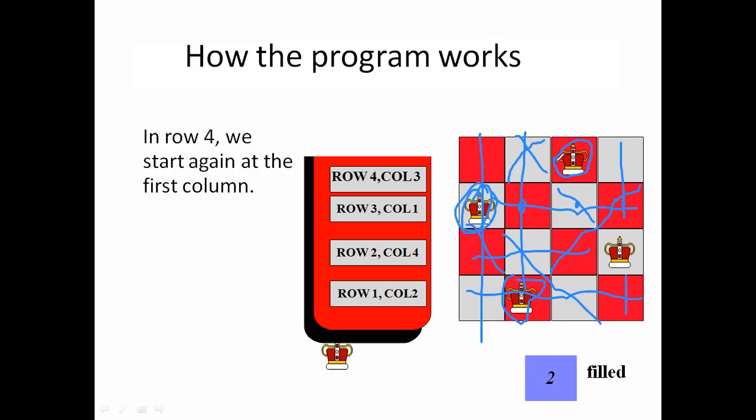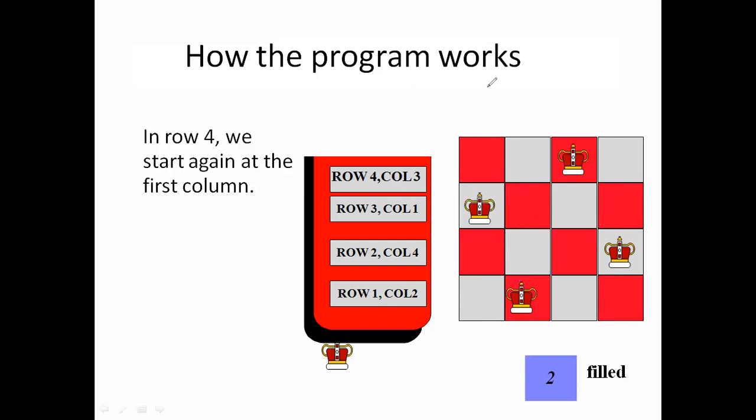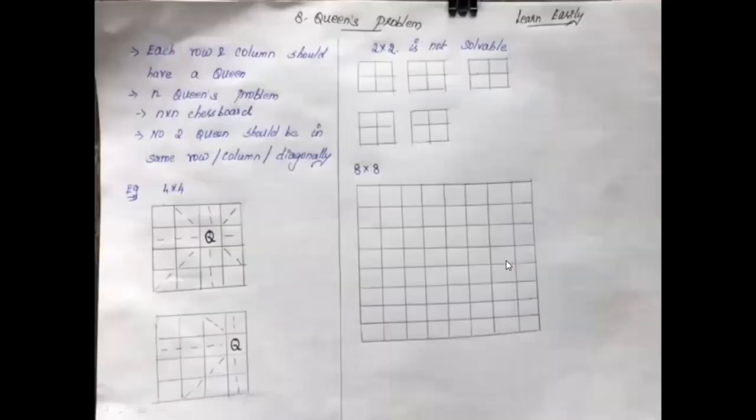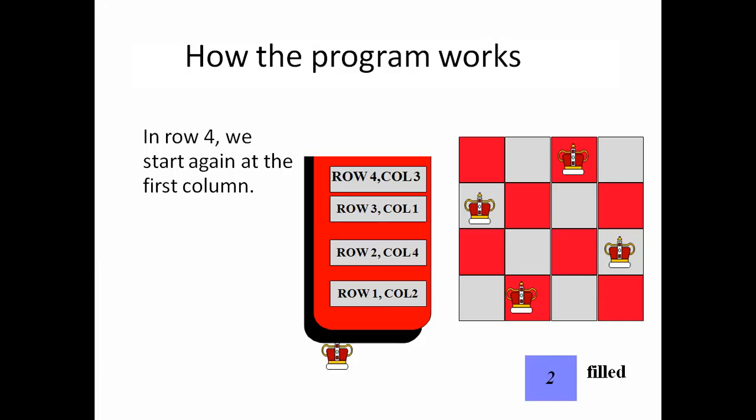So the 4x4 queen problem is perfectly solved. This is the 4x4 queen matrix. The same way we can solve the 8x8 matrix. Let's see in the next class how to solve the 8x8 matrix.